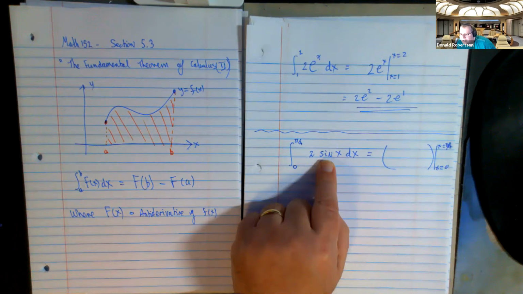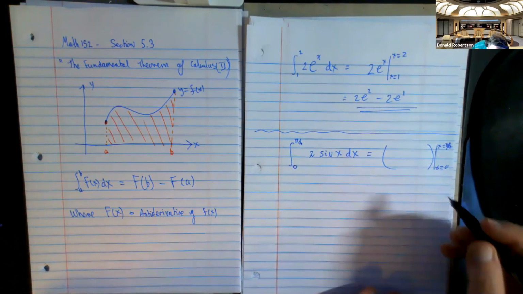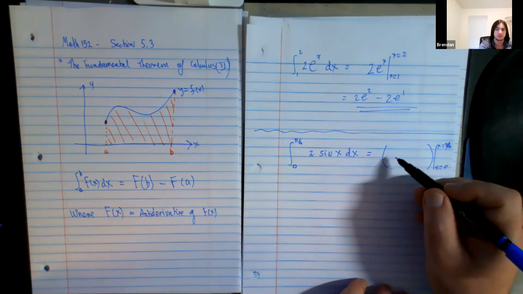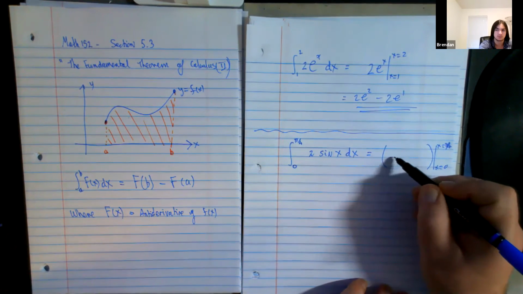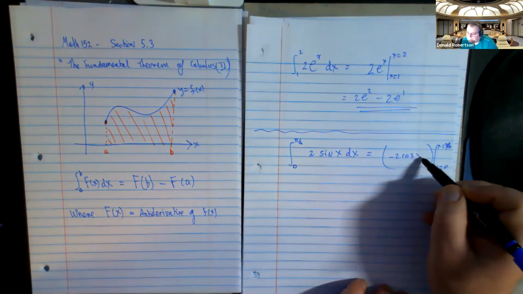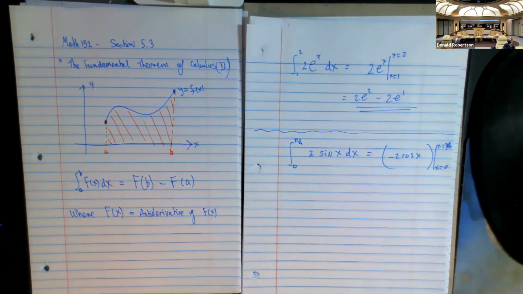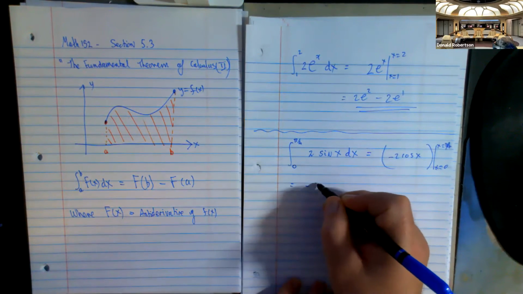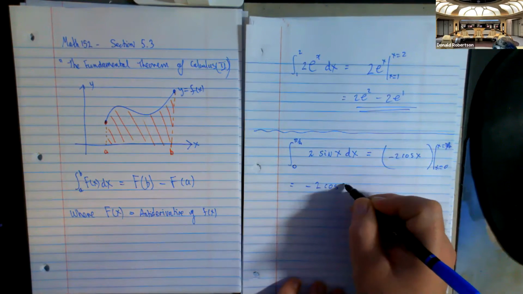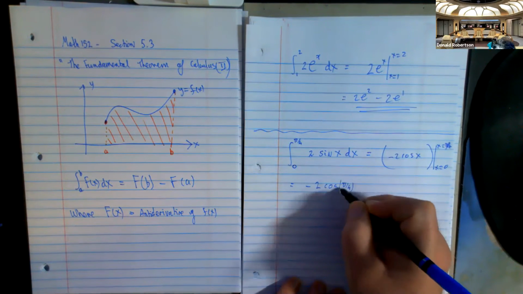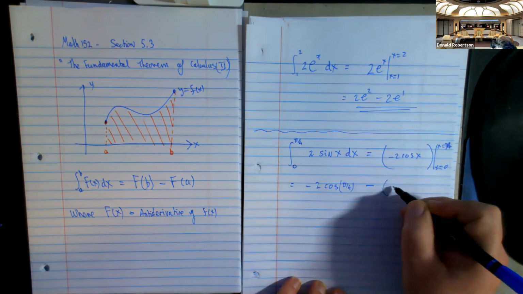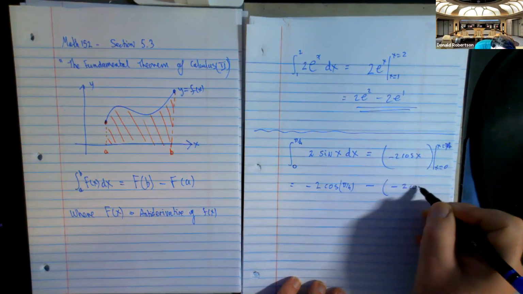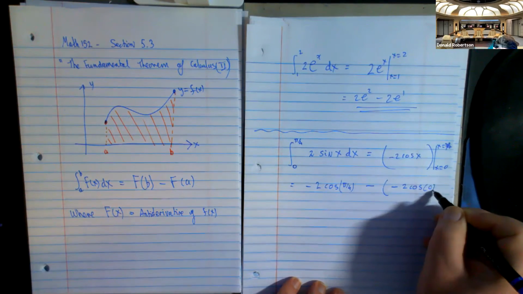What is the antiderivative of 2 sin x? Is it negative 2 cosine x? It is. Now, if you plug in pi upon 4, you get negative the cosine of pi upon 4, take away negative the cosine of 0.